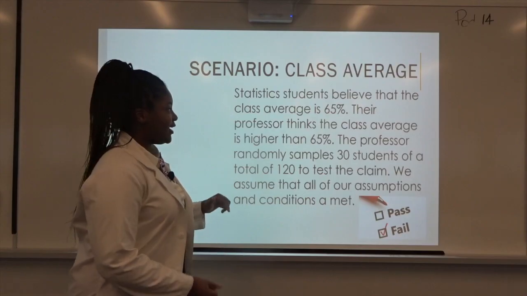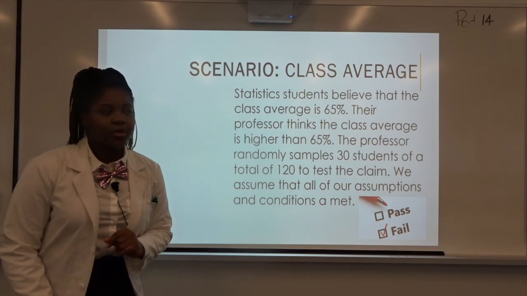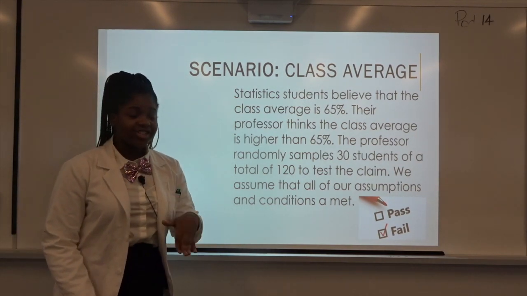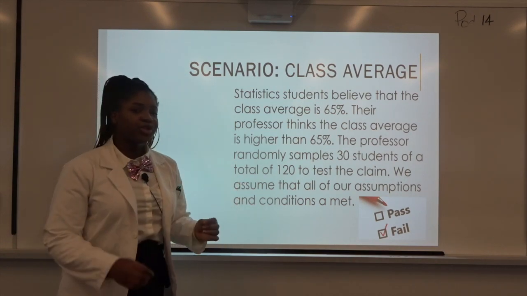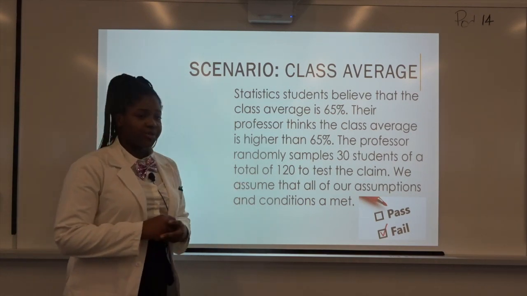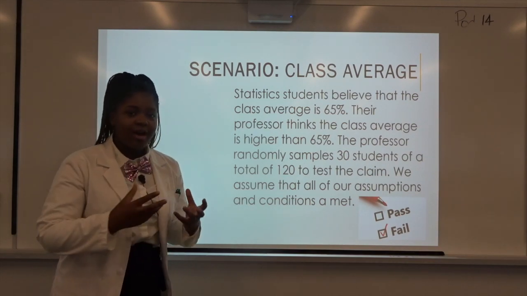Consider the following. Statistics students believe that the class average is 65%, while the professor thinks that the class average is actually higher than 65%. So the professor randomly samples 30 of the 120 students to test the claim. Here, we assume that all the assumptions and conditions are met.